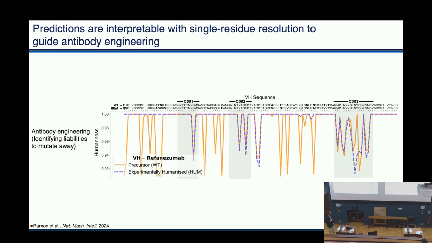And you can see that the humanized variant in purple has no regions of low humanness, except in the CDR regions, which are here, because these are still the mouse sequences. That's how antibodies have been humanized historically. You take the mouse CDRs, you put them in a human framework, you hope that it works.